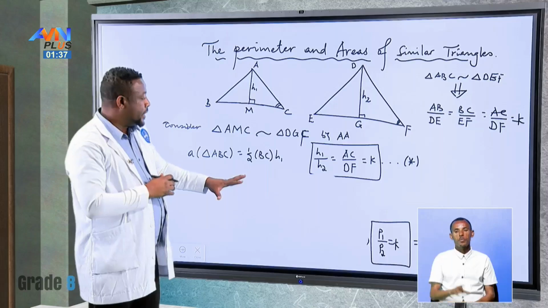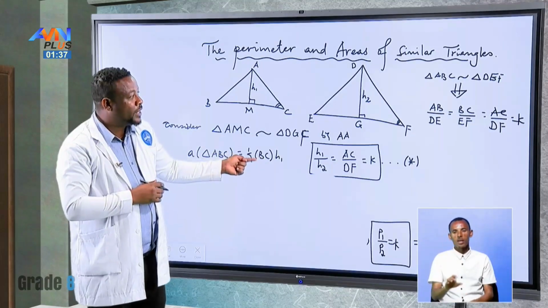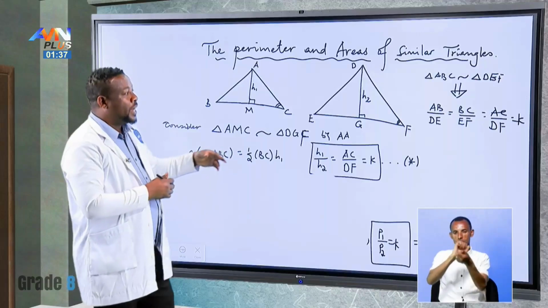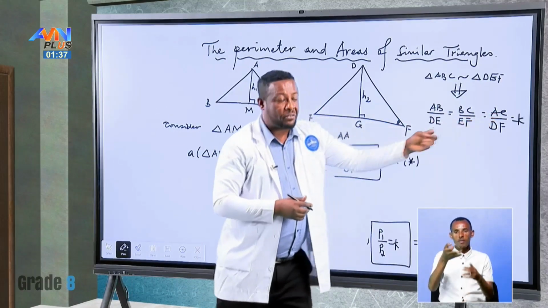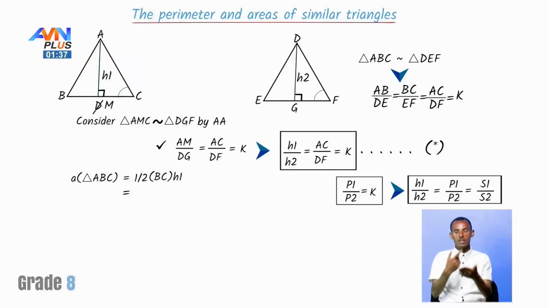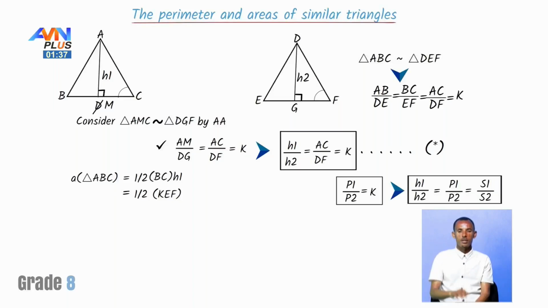We have this. Now, in place of BC, you can substitute BC is the same as EF times K, right? So in place of BC, you can substitute K times EF, right?